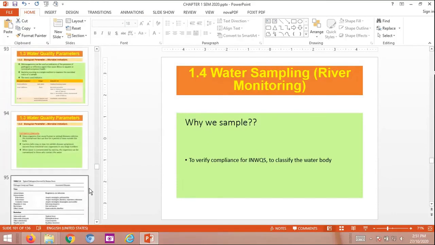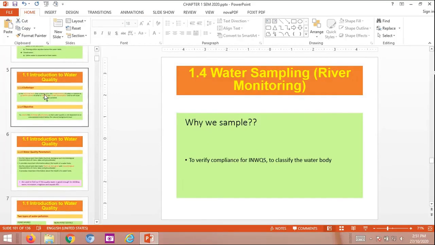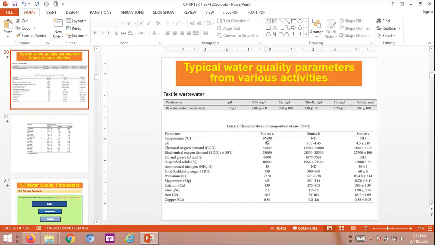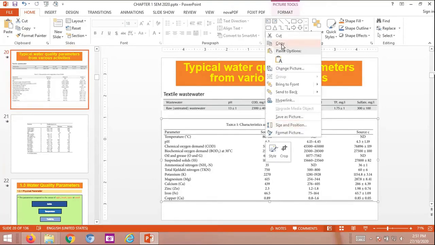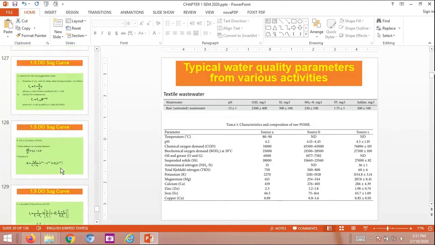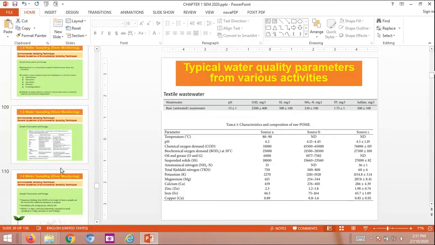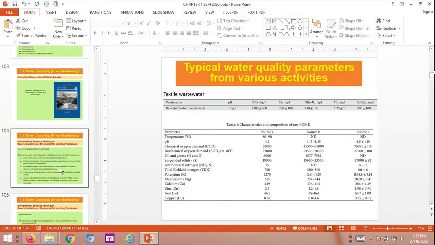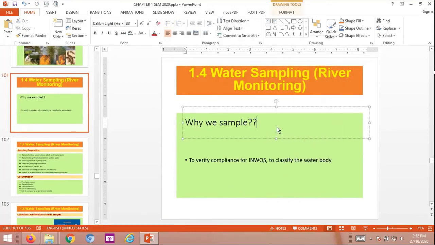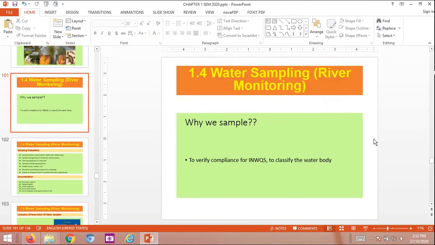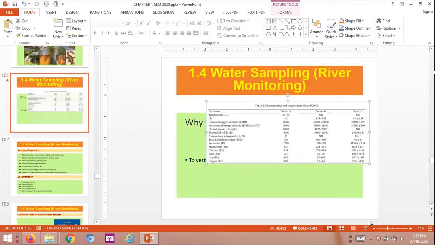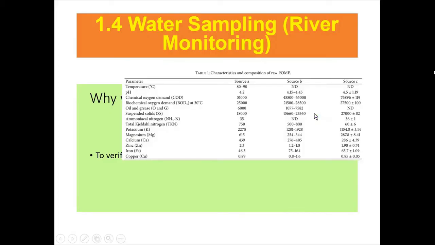Okay, this is palm oil mill effluent. Here is the palm oil effluent.